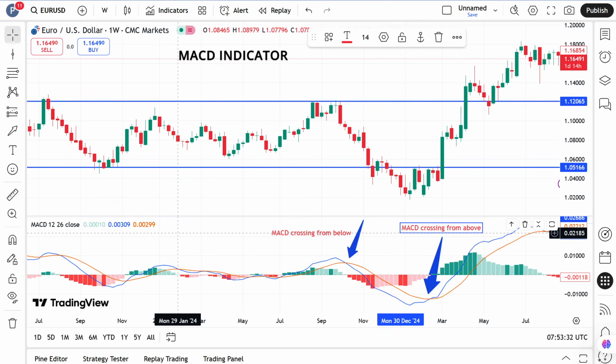When the MACD line crosses above the signal line, it suggests bullish momentum, and when it crosses below, it suggests bearish momentum. For example, when price is at the support and the MACD crosses upward, that gives extra confidence to buy. If price is at the resistance and the MACD crosses down, that gives extra confirmation to sell.